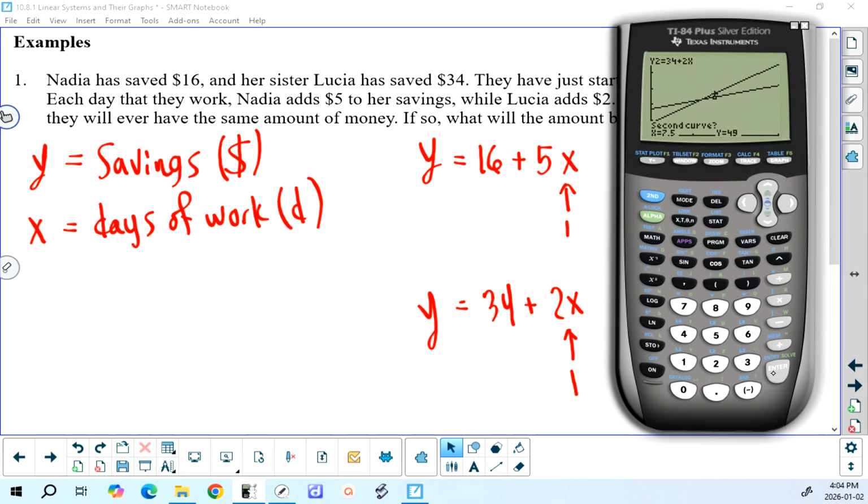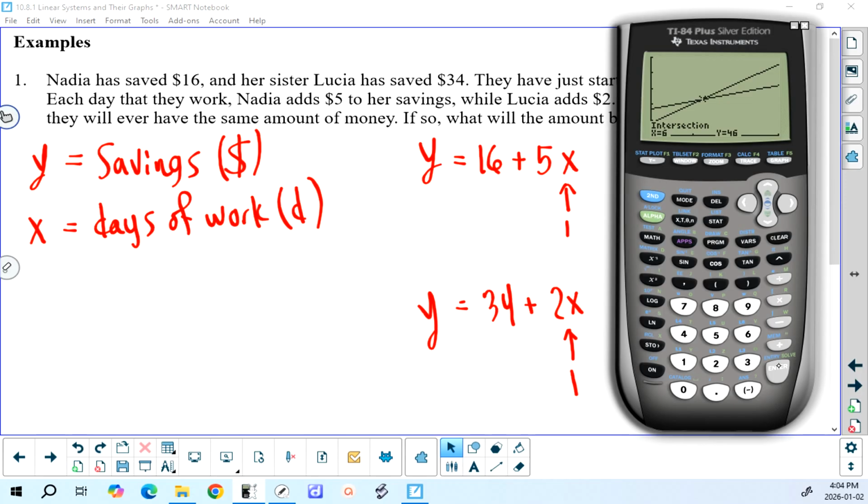It says, what do you want to use for the second curve? Well, we're on Y2, let's hit enter. And then it always asks you to guess, and you don't need to guess, just hit enter a third time, and you can see 6, 46 is a solution to both of these equations, because it's a point that's on both of these lines.